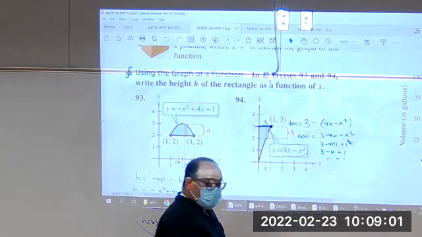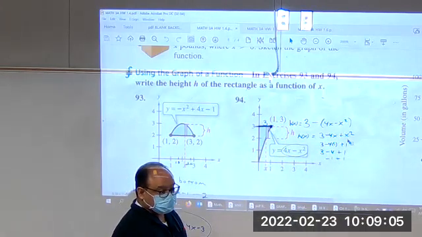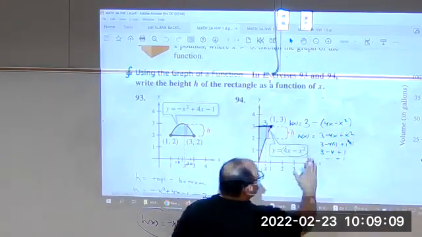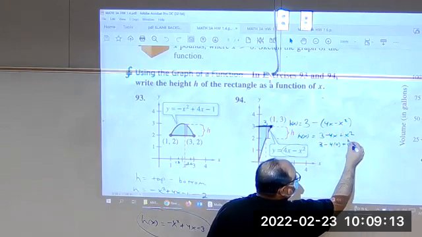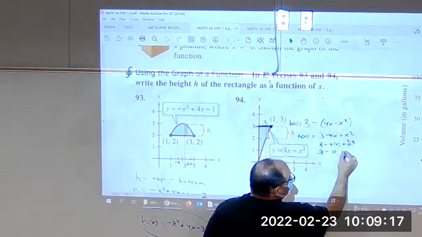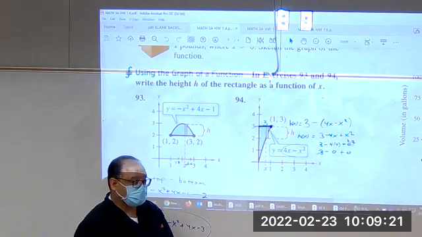Right there, the height is 0. And when I plug in 0, the height should be 3. 3 minus 4 times 0 plus 0 squared, yep, 3 minus 0, plus 0, yep. When I plug in 0, the height right there is 3.